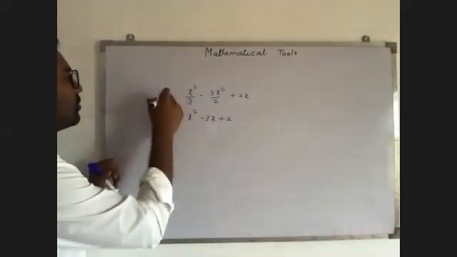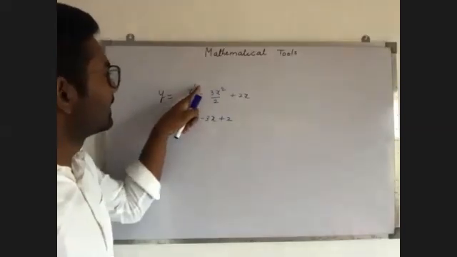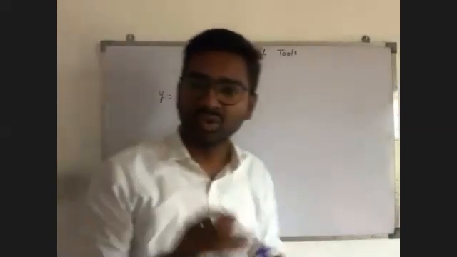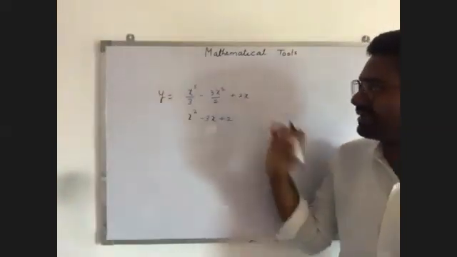So let's suppose this is y. Can I say y is x cubed by 3 minus 3x square by 2 plus 2x? This is the cubic function. Just have a look. Is it right?